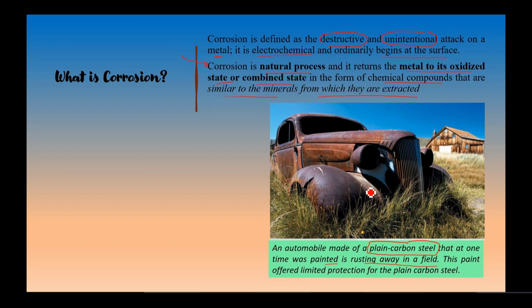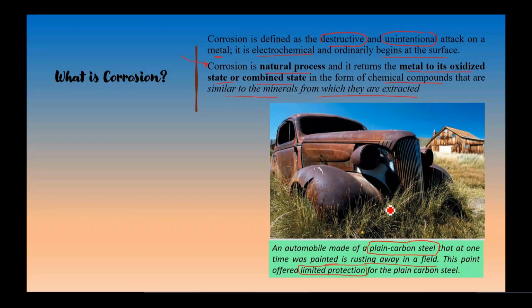It was there to protect steel from getting back to its original state. Original state is a chemical form or a compound from which the steel was originally extracted. So, although the paint offered a limited protection, it was not enough for a longer duration of time.